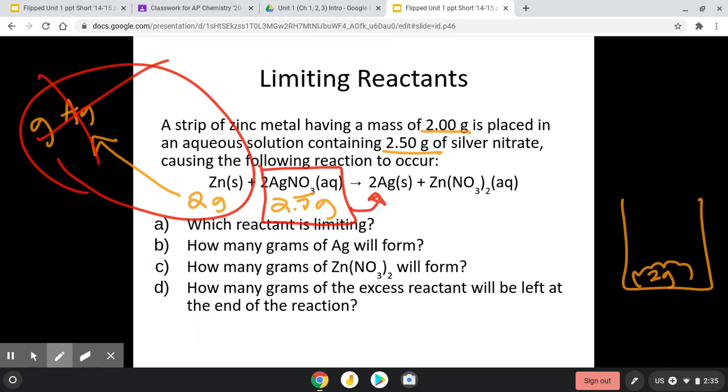Okay, so here's the catch. We're still using this term theoretical. So if I use all of my silver nitrate and I calculate to silver, that amount is still going to be my theoretical yield for a couple different reasons. Now let me go back to the other slide and I'll talk about why.